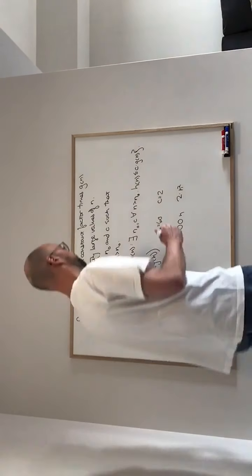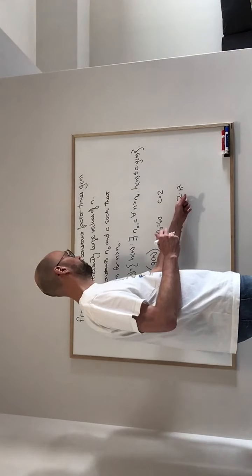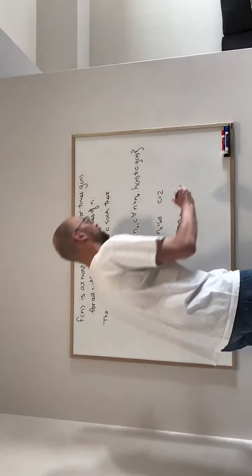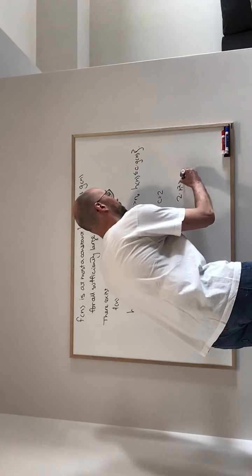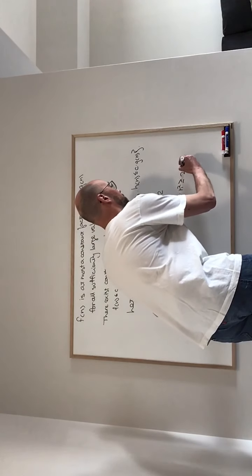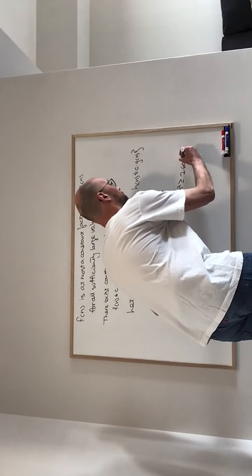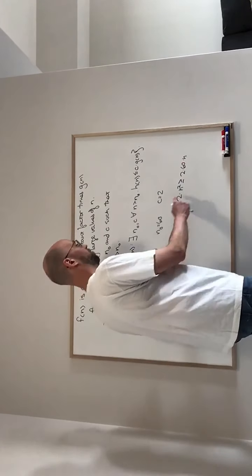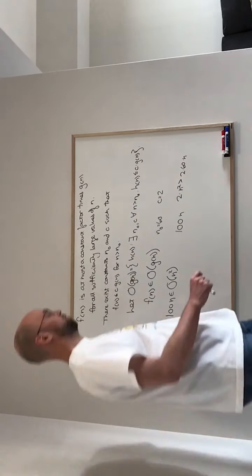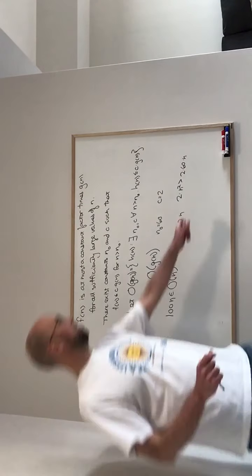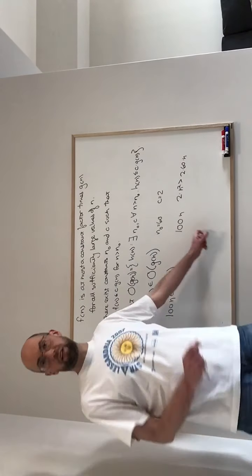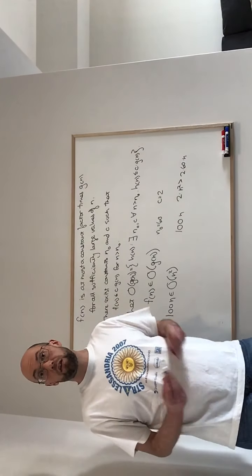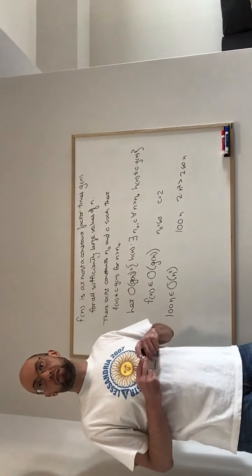Since n is greater than 60, this is strictly greater than 2 times 60 times n, which is 120n, which is bigger than 100n.